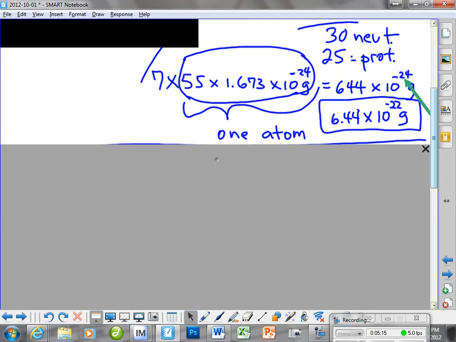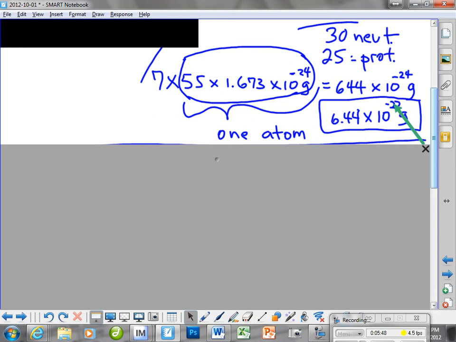Now, the decimal is actually right here. It's not written, but it's right here, isn't it? Okay, so this 10 to the minus 24 sends us 24 places this way, to the left. We have to move our decimal from here to here to make it scientific notation, and we can't change the size of the number, so we have to modify that minus 24.